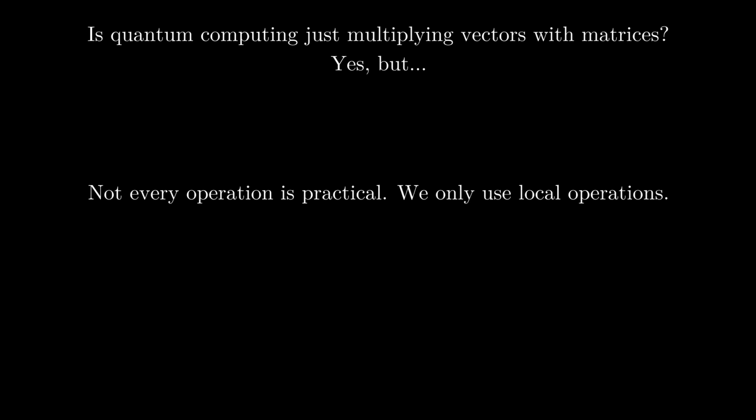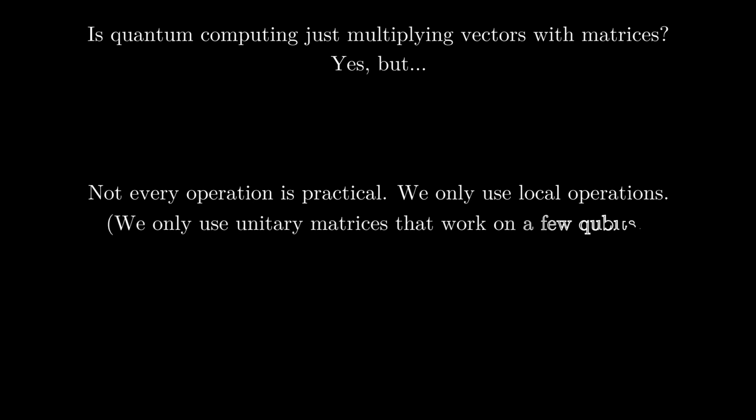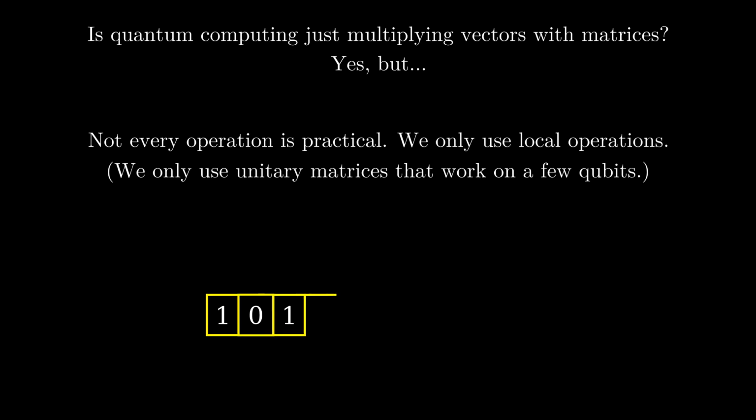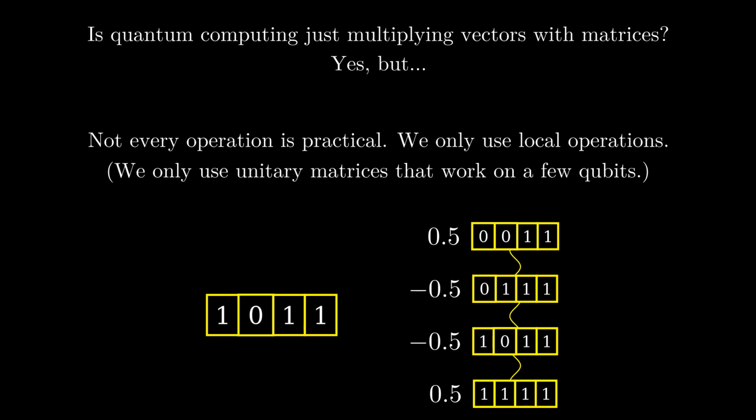It can only apply unitary matrices that work on a few of the qubits at a time, locally changing their state. So for instance, if we have a 4-qubit memory, that's a memory with 4 variables, each taking values 0 or 1, and we want to use an operation that only looks at the first 2 qubits, that means we can only use operations that keep the last 2 qubits the same. All the operations we mentioned in Grover's algorithm can actually be efficiently carried out via these kinds of local unitaries.